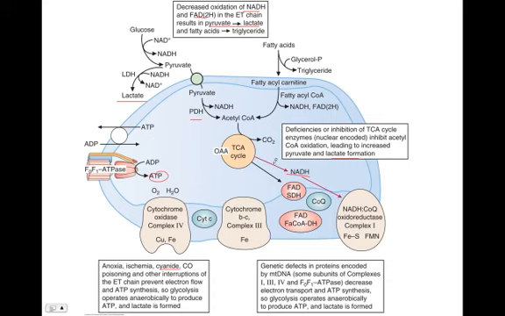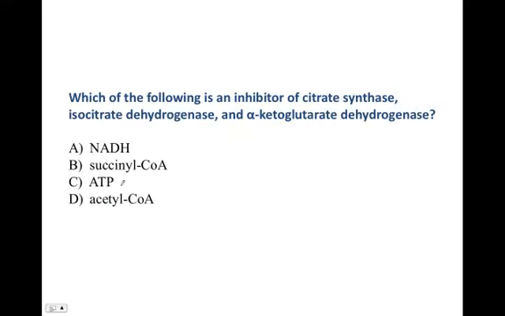This is our homeostatic pathway within the body. So just to reinforce again, which is an inhibitor of citrate synthase, isocitrate dehydrogenase, and alpha-ketoglutarate dehydrogenase? Again, this is NADH. This is an important regulator of the TCA cycle.